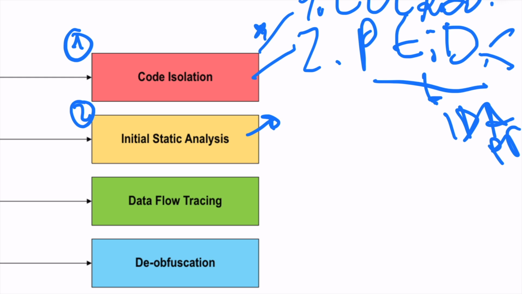Snyk can scan the dependency tree to detect any third-party libraries or frameworks that the malware uses for execution. The purpose of this step is to gain an initial understanding of the malware structure and behavior without executing the code. That is why you perform the semantic analysis on the code base.